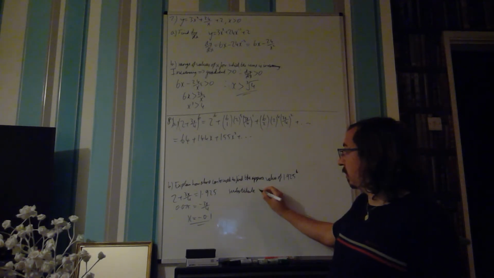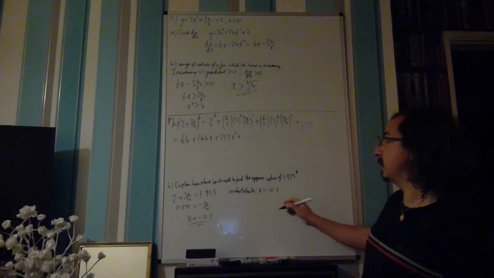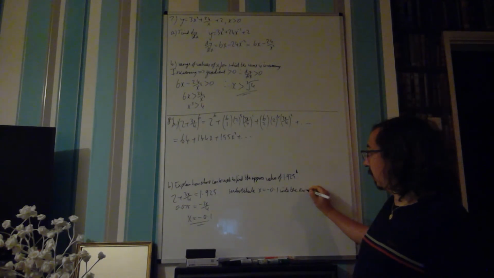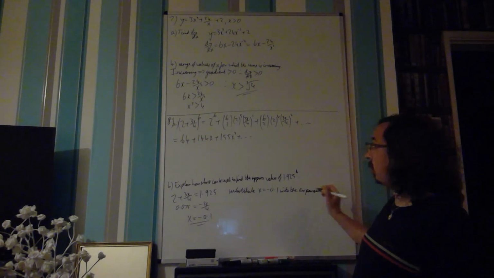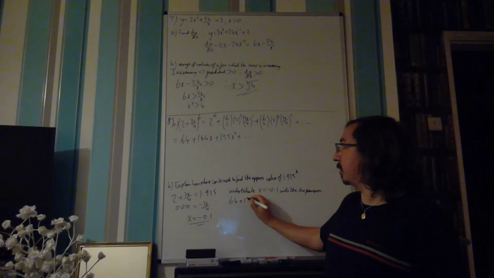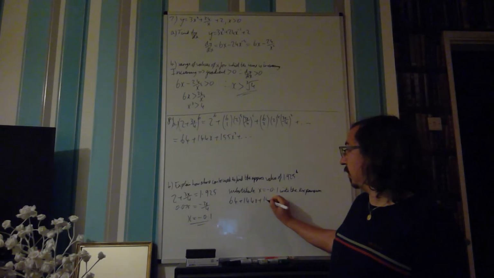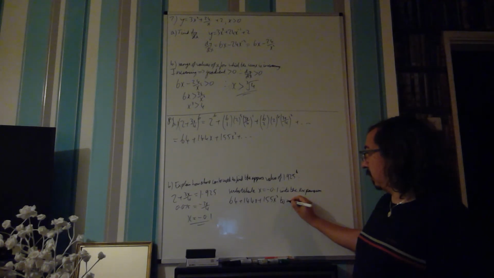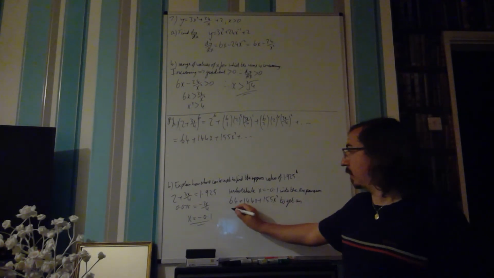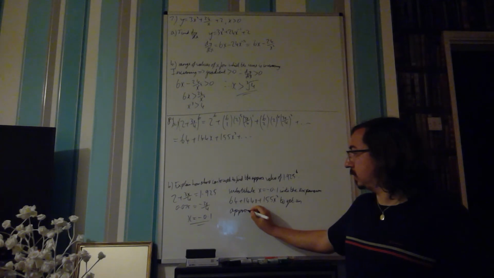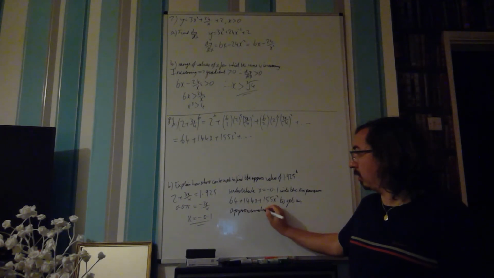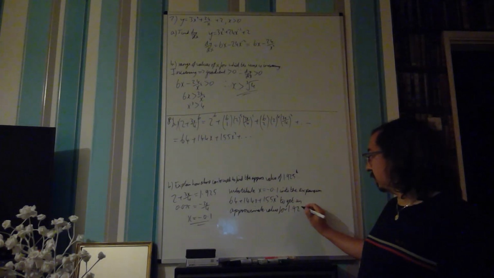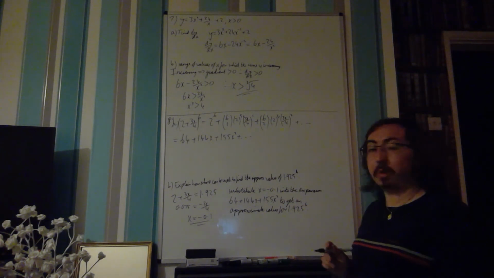Substitute x equals minus 0.1 into the expansion 64 plus 144x plus 155x squared to get an approximate value for 1.925 to the power of 6.